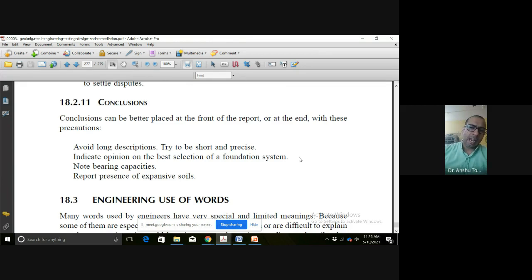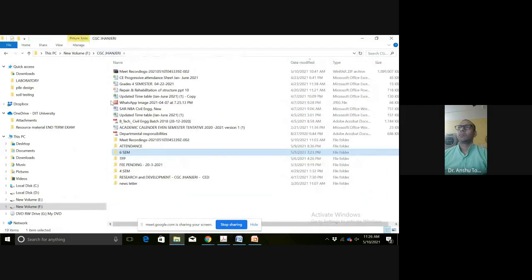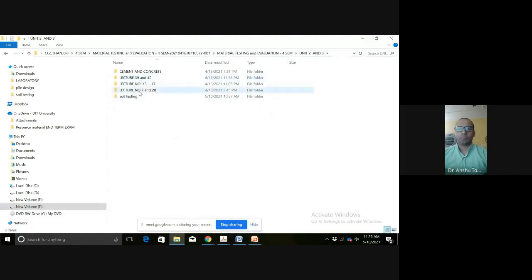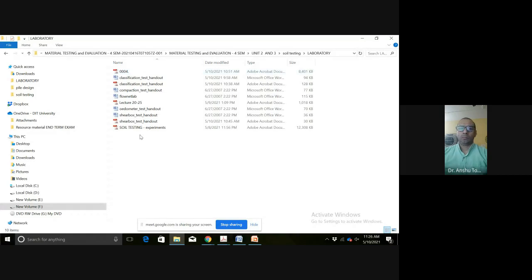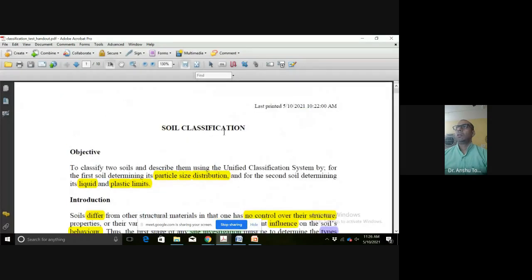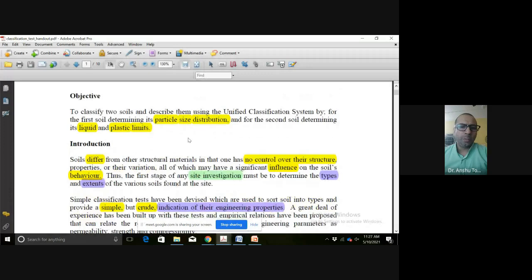Actually, in the lab also, if you go through the lab note seriously, as we are going to just see down, now this is a soil classification handout which is going to be used in the laboratory.